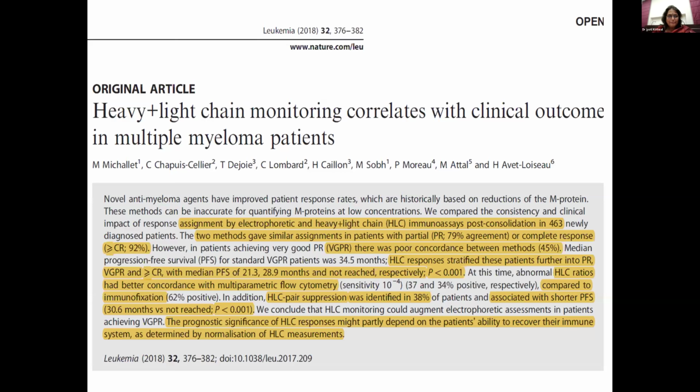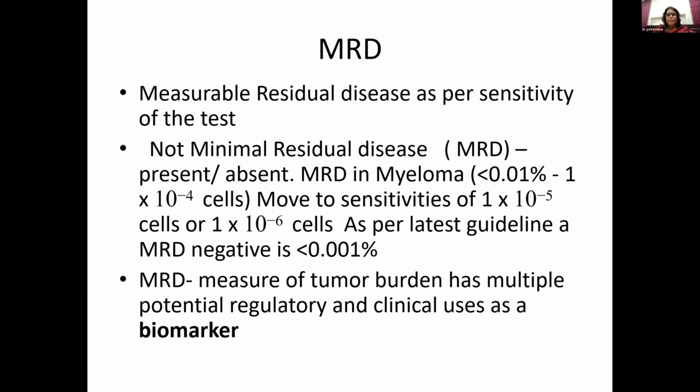Next slide. Then we move on to MRD. We used to always say minimal residual disease, but it has moved to measurable residual disease as per the sensitivity of the test. In myeloma, when MRD was started, most of the articles and the 2017 meta-analysis took less than 0.01% as MRD negative, because the sensitivity of flow cytometry used to be 10 to the power of minus 4.